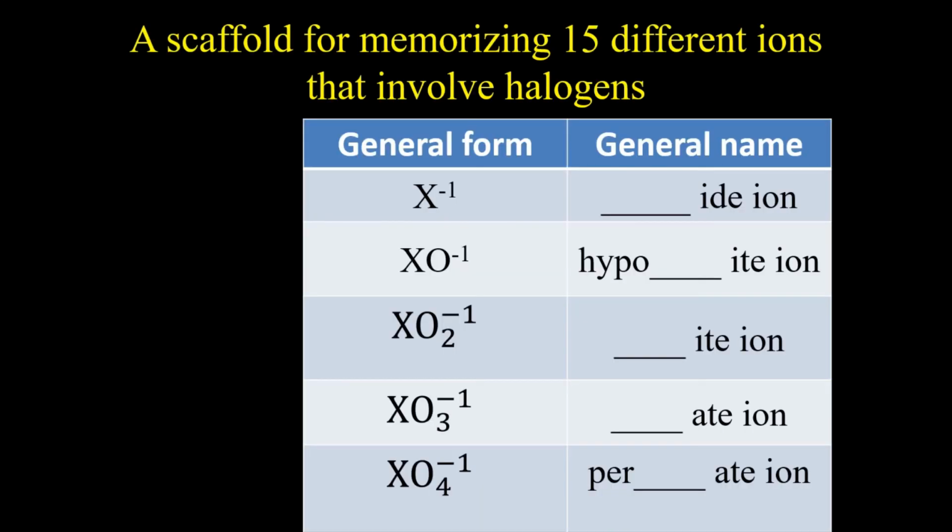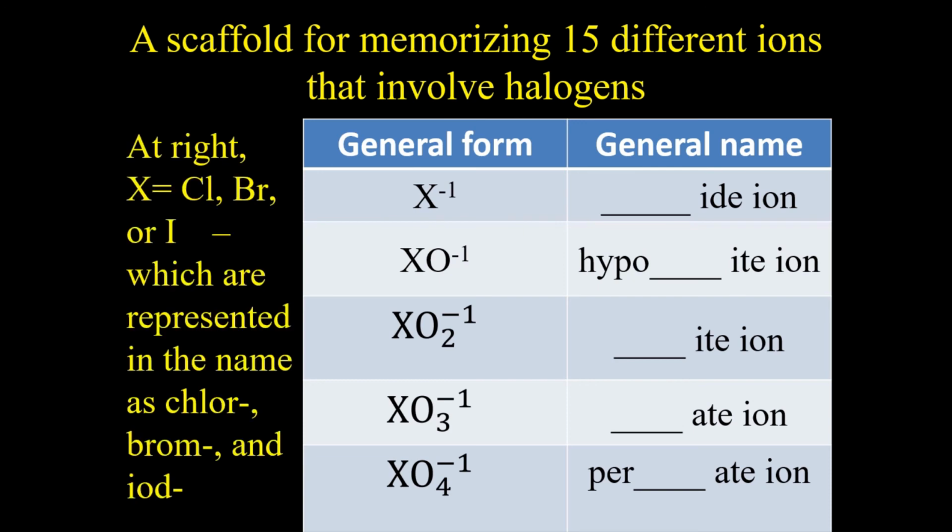Just because it helps to memorize, to see patterns and so forth, I made this little table. I've got this legend out to the right. At right, the X's here represent either chlorine, bromine, or iodine. And these are represented in the name where we have these blanks as chlor, brom, or iod.